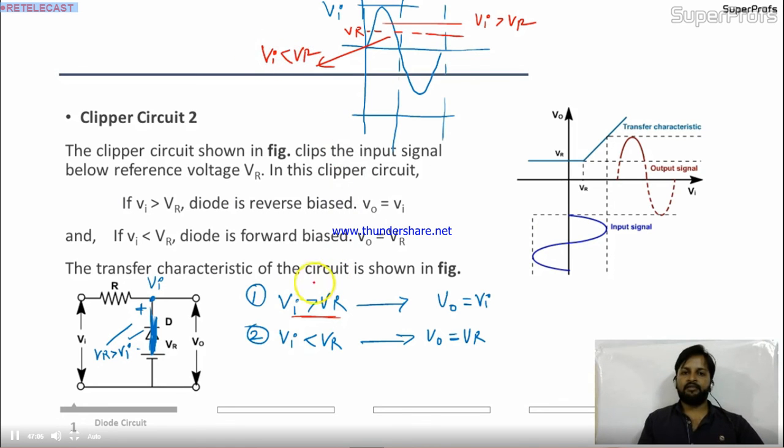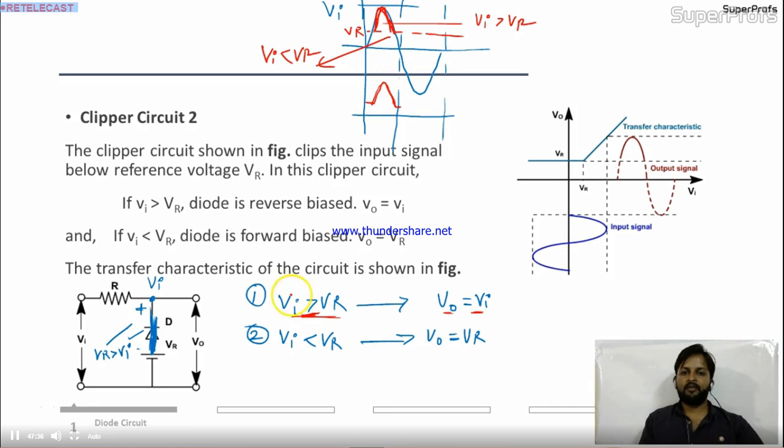Now see, for Vi greater than Vr, the output follows the input, meaning I'll start with Vr over here. Suppose the output is like this. Output is same as input, so for this input, the output is this much, same as input.